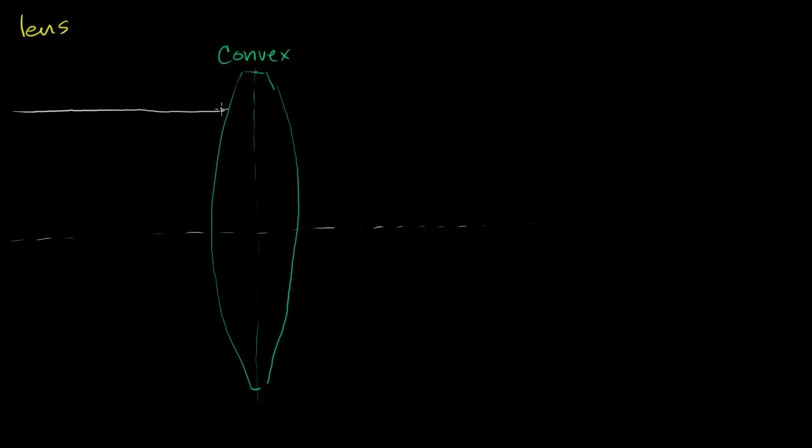But if you imagine light that's going parallel to that, right when it hits this surface over here, remember the perpendicular at this point is going to look like this because the lens is actually curved. And remember, it's moving faster on the outside. So the top side of the light, if you imagine the car analogy, is going to be able to stay out of the lens a little bit longer than the bottom side, or the bottom wheels.